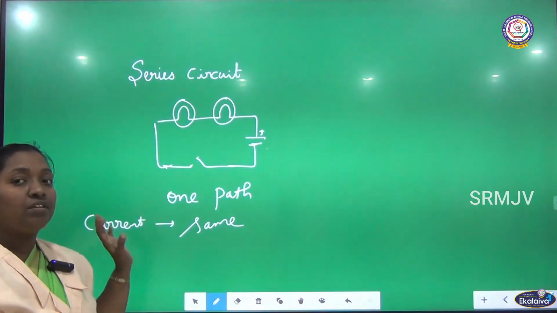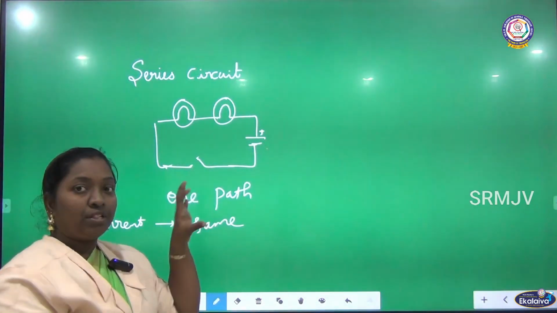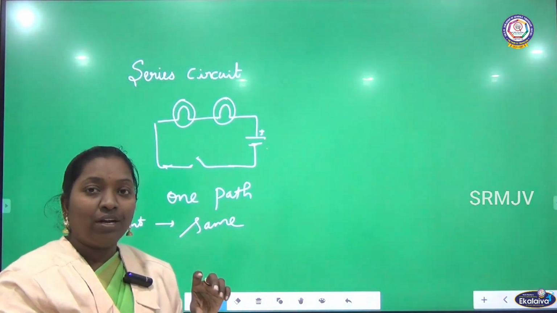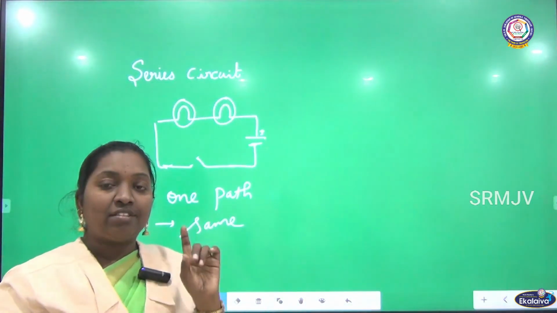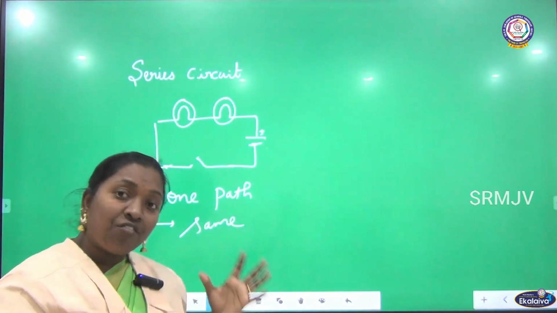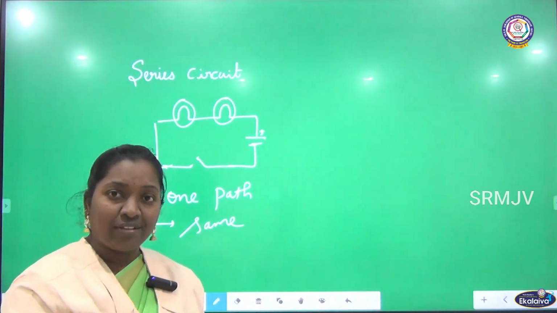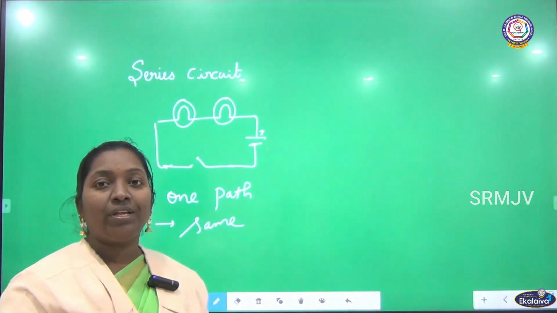So this is how the series circuit functions properly. A series circuit is nothing but components connected one by one, one after another. It has only one path for the flow of current. So the advantages in series are: it does not overheat, you can add one more device, and it is easy to learn the circuit.